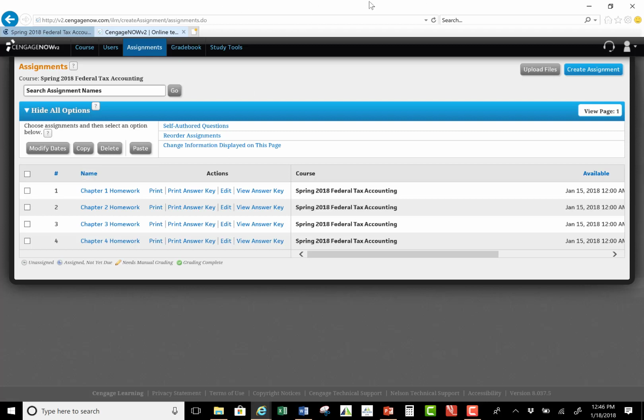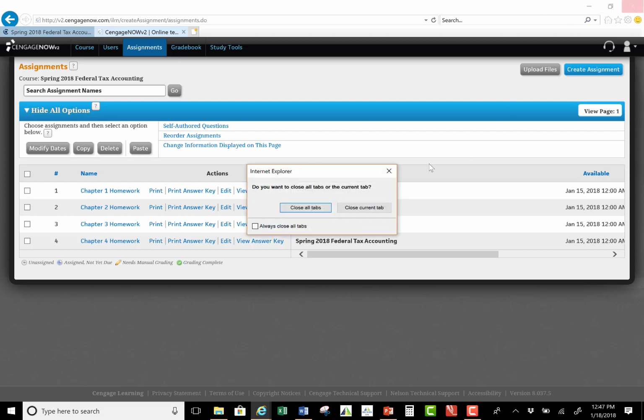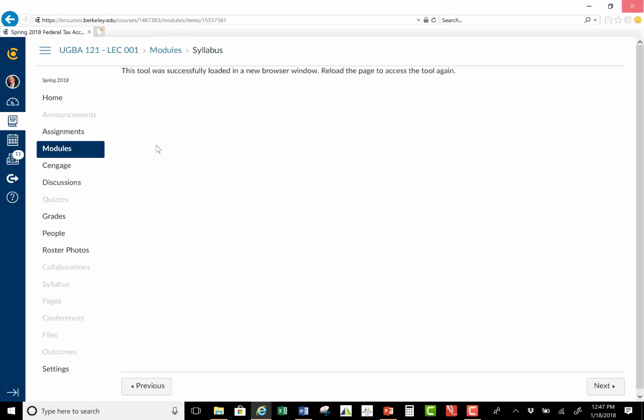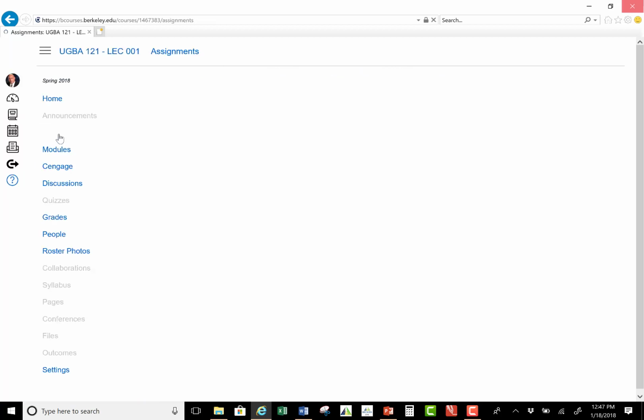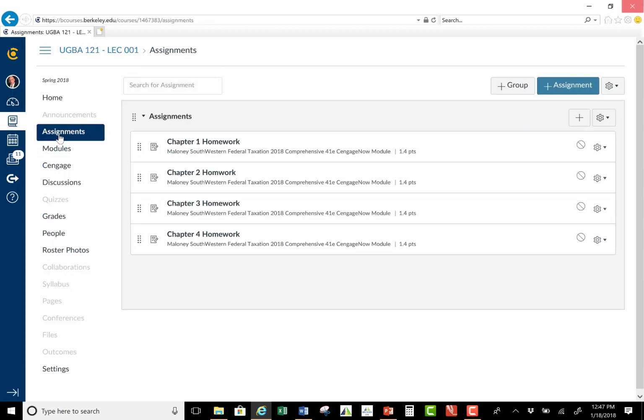Okay. Now what I'm going to do is close this window and show you how you will access your homework going forward after you've registered. So what I just showed you is just how you get in to do the registration. Going forward, what you will do is you'll come to assignments, and I'm going to go ahead and publish the assignments now.